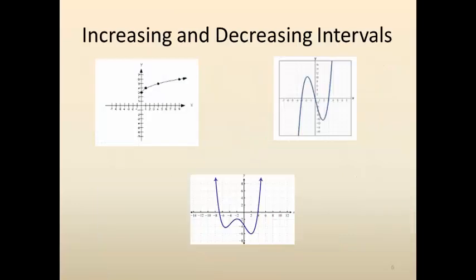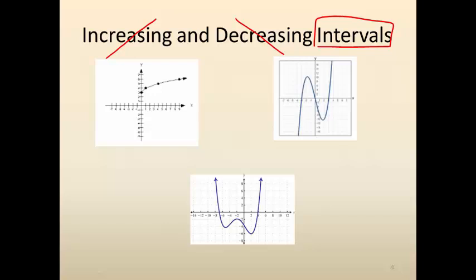All right, moving on from domain and range, the last thing we're going to talk about is increasing and decreasing, and increasing and decreasing intervals. So these are going to be written in interval notation, just like your domain and range. My increasing and decreasing values, increasing is when you can see a positive slope, and decreasing is when you see a negative slope.